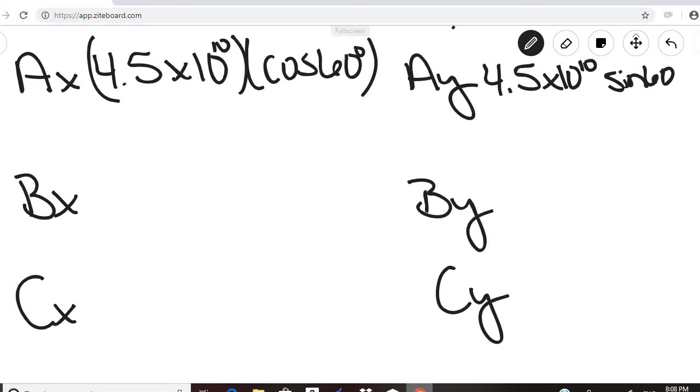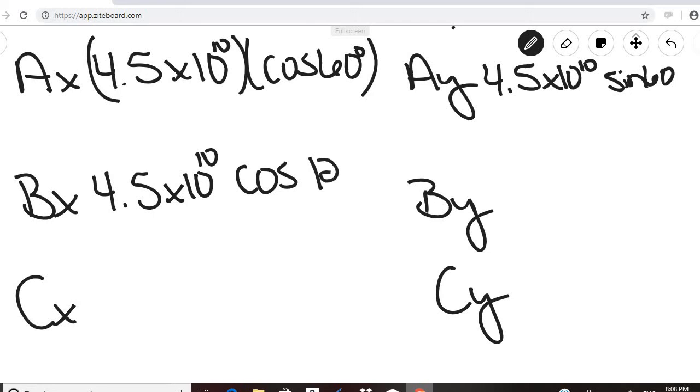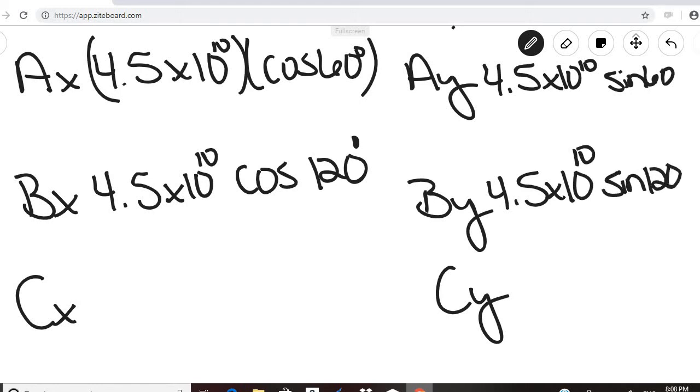And then down here it's going to be exactly the same, 4.5 times 10 to the 10th, but now it's going to be the cosine of 120 degrees. And this will be 4.5 times 10 to the 10th times the sine of 120 degrees.